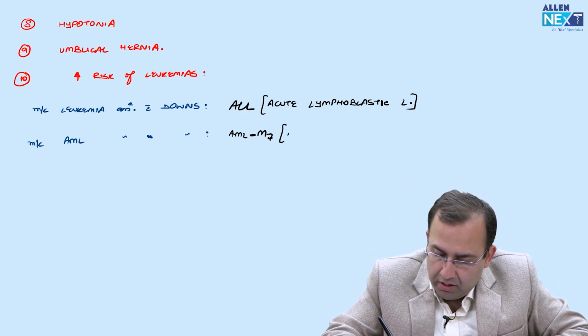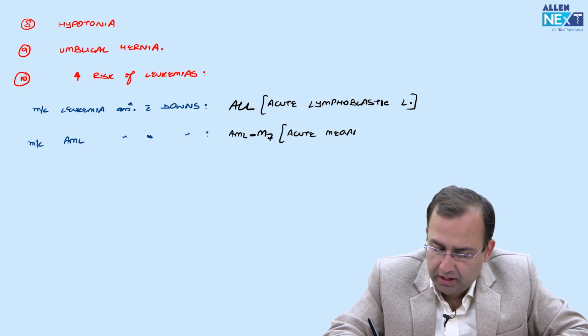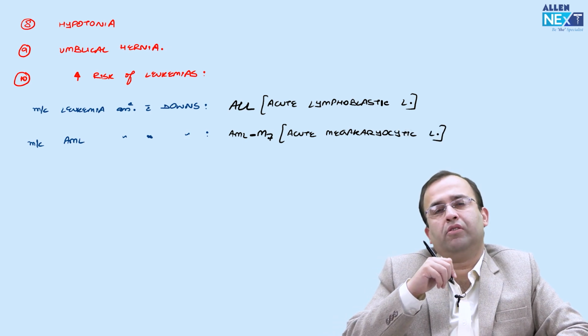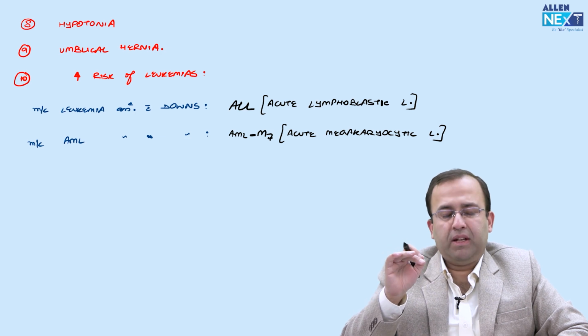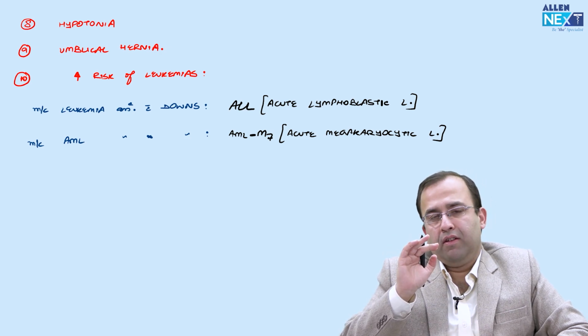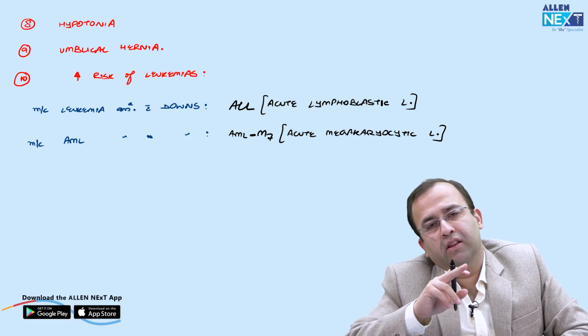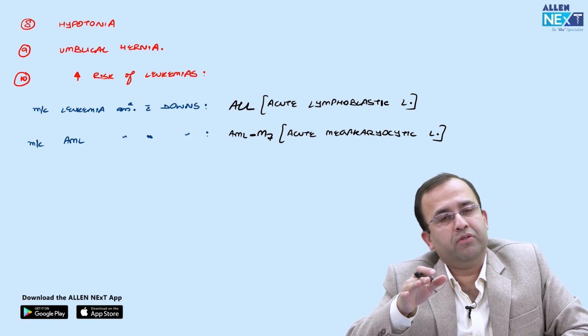AML M7 is also called acute megakaryocytic leukemia. So the most common leukemia in Downs is ALL, but the most common AML in Downs is AML M7.